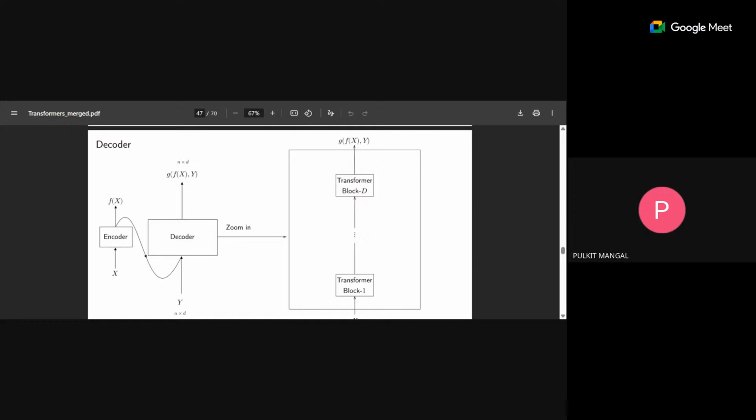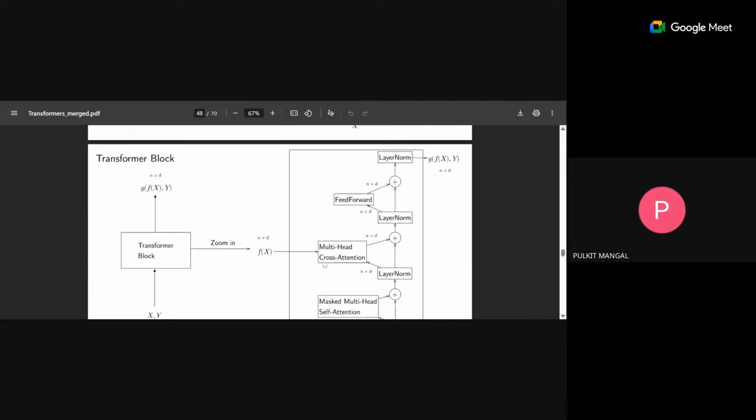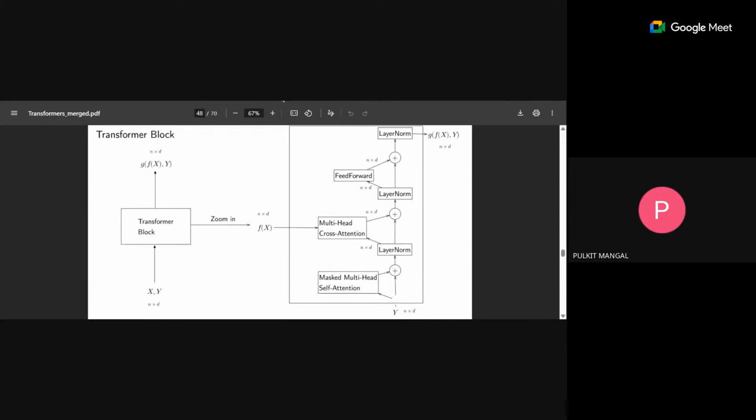Each of these transformer blocks will have the same kind of structure, but what we now call a masked multi-head self-attention instead of the vanilla multi-head self-attention. Otherwise more or less it's the same: n cross d will be passed, the skip connection will be there, layer norm will be there.